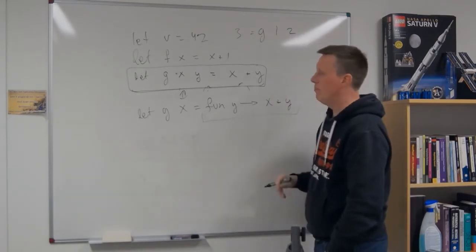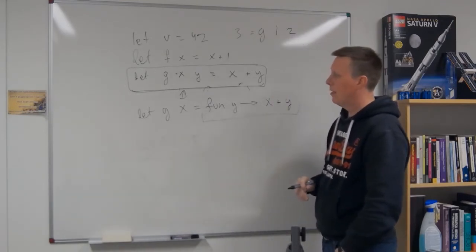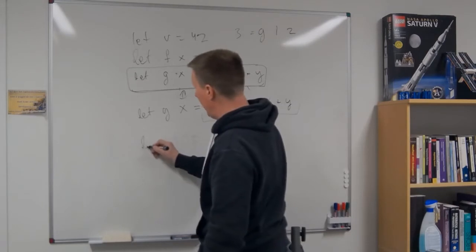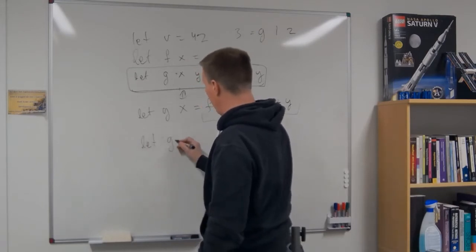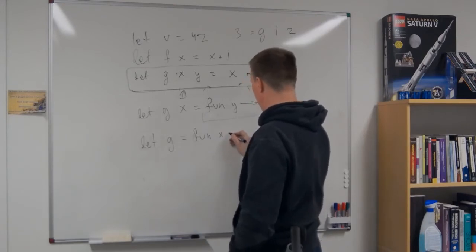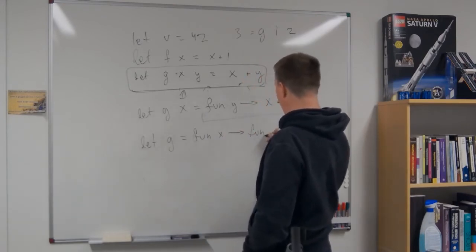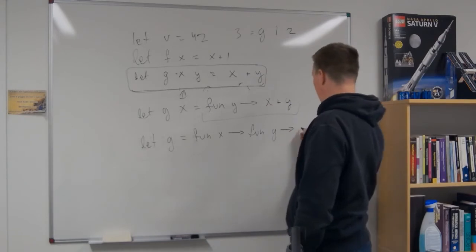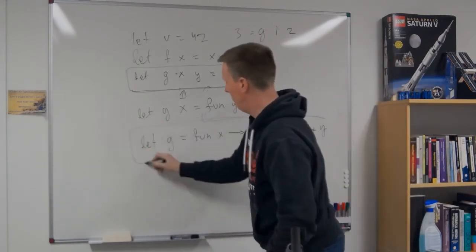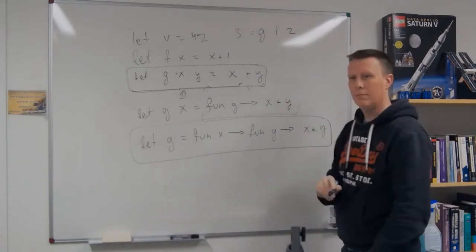For this, it doesn't really matter. And of course I could define g in a different way. I could say let g equals fun x arrow fun y arrow x plus y, and this would be the same as that.